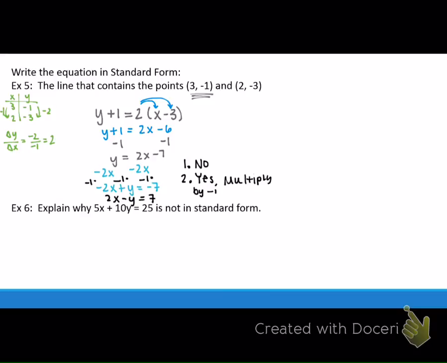And then finally, are there any common factors, Alb, that go into 2, 1, and 7? All right. So sometimes when we're given points, or given a graph or anything of that nature, we're going to have to start in point slope form or slope intercept form to get to standard form.